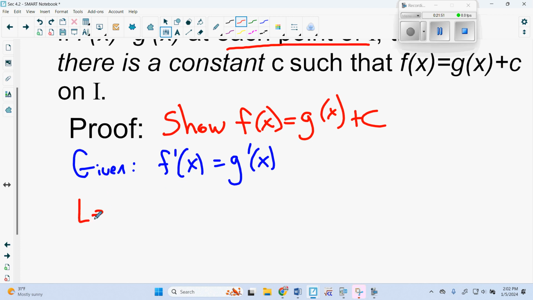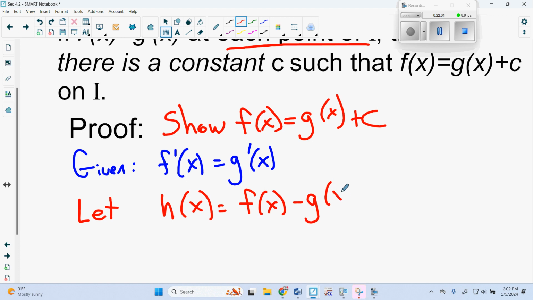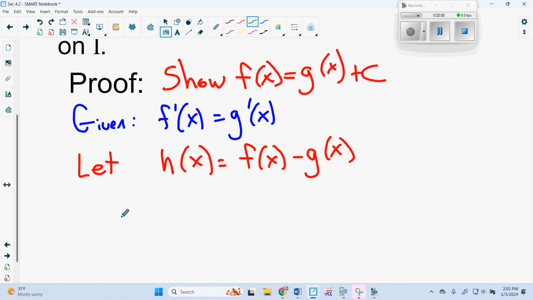Now, here's the part where we're going to make something up, pull something out of thin air. Let's say we're going to create this new function, which is f of x minus g of x. Just making that up. Let's say we have these two functions. Let's just make a new function where we subtract them. Now, consider the derivative of that.